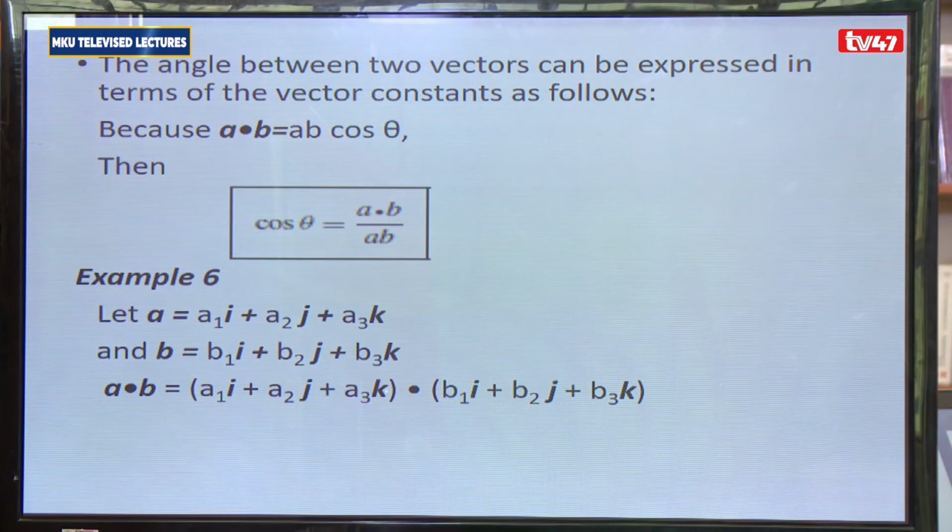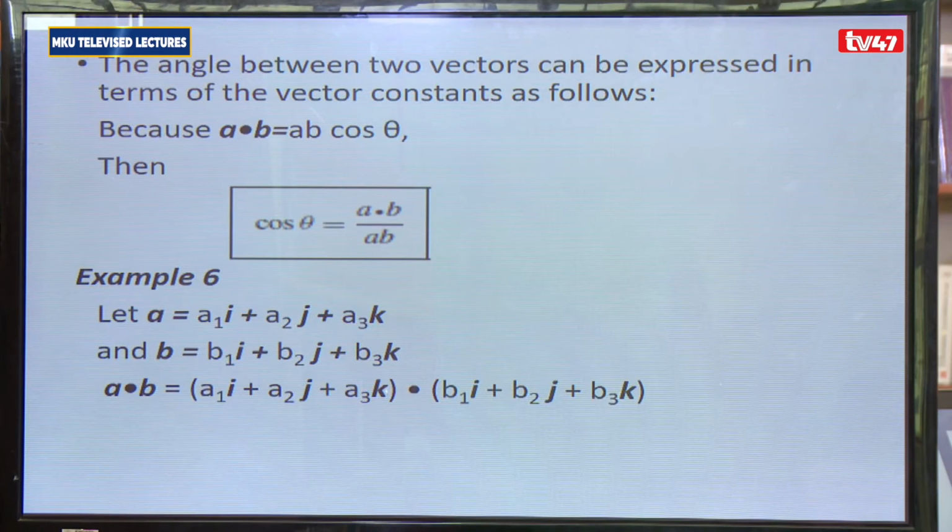And then we want to get A dot B. What you do is you take the component of i, multiply it across the whole of B, then plus the component of j multiplied by the whole of vector B, then plus the component of k multiplied by the whole of vector B.